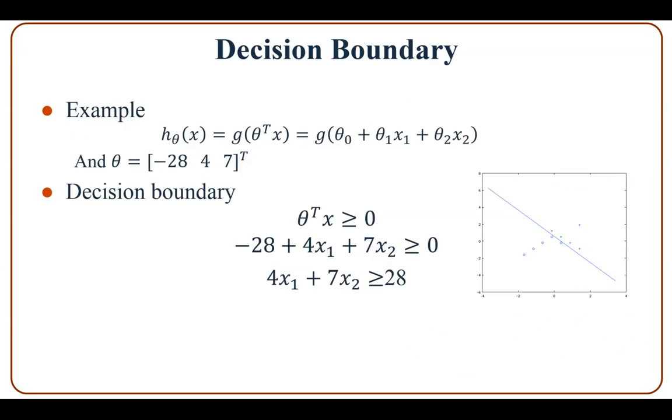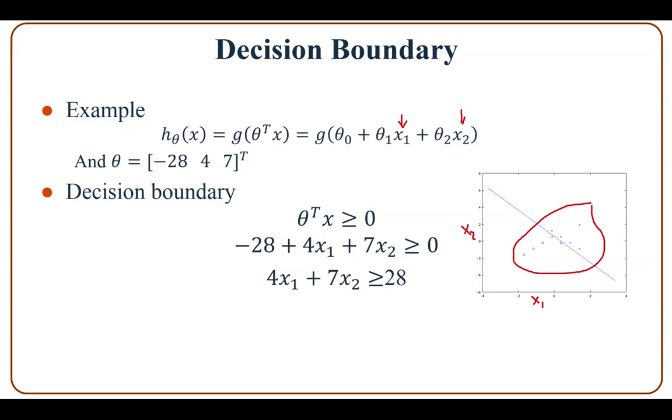Now let's talk about the decision boundary. For example, we are given a data set with a number of instances, and for simplicity we consider a two-dimensional problem with two features, x1 and x2, and let's say this is x2 and that is x1.